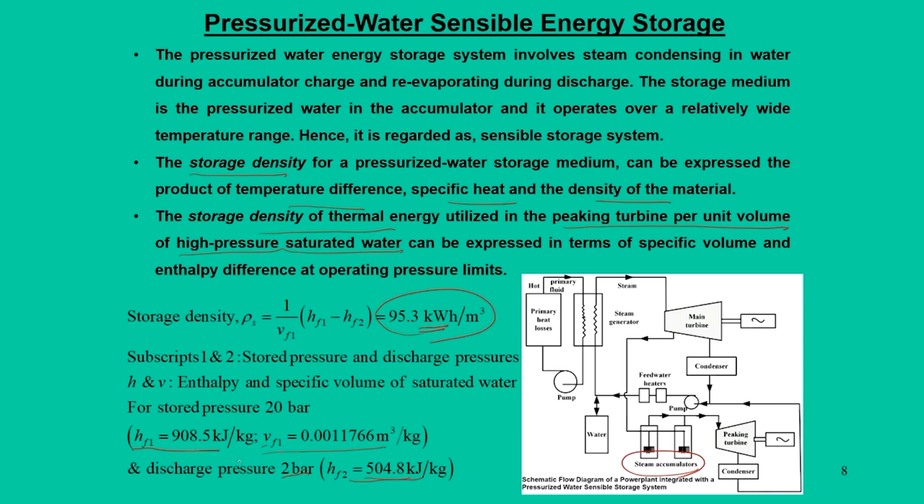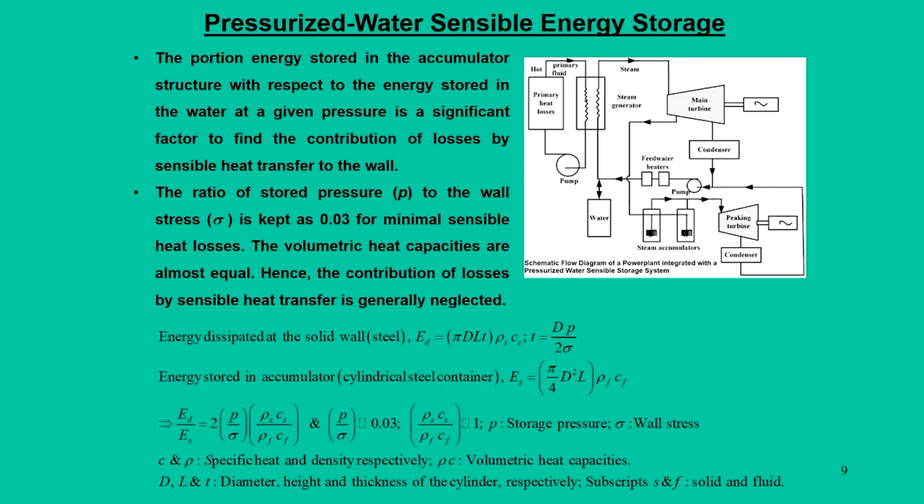That means if your storing limit is 20 bar to 2 bar, then the steam has a capacity to store about 95.3 kilowatt hour of energy per meter cube. So, the larger the volume, the higher will be the capacity.